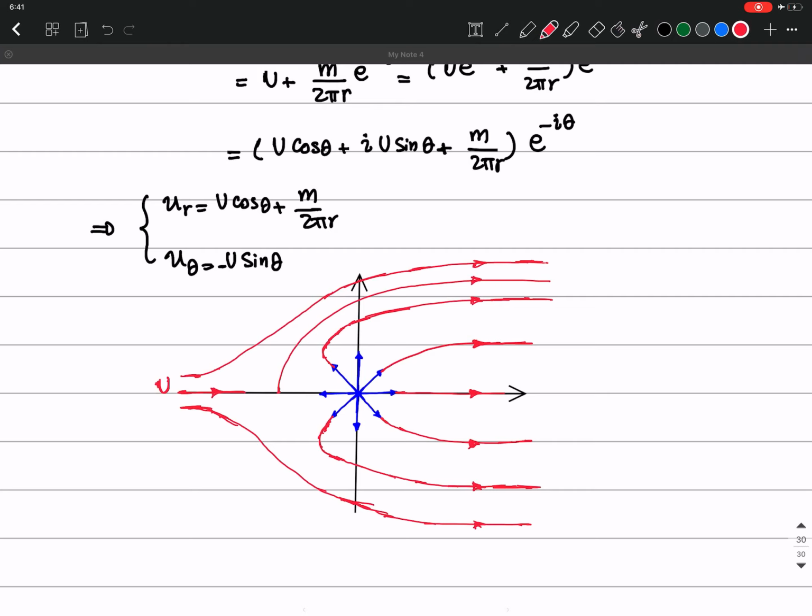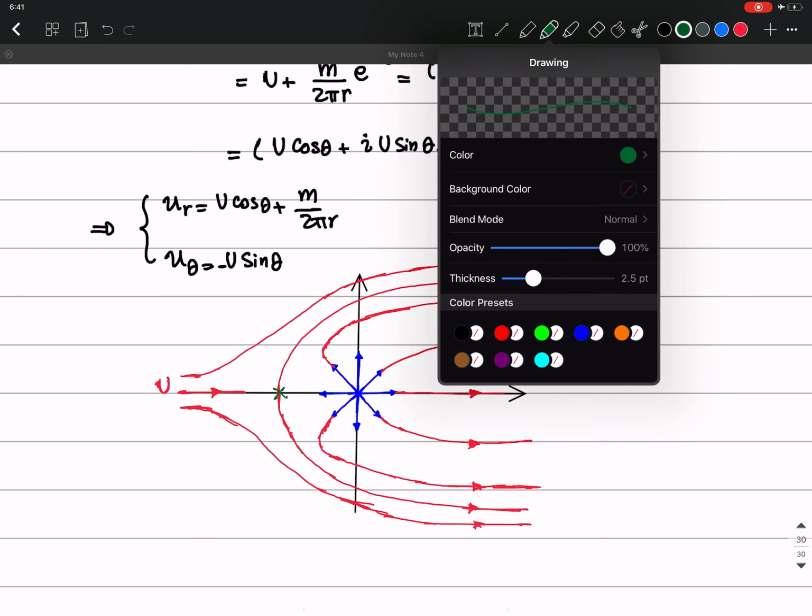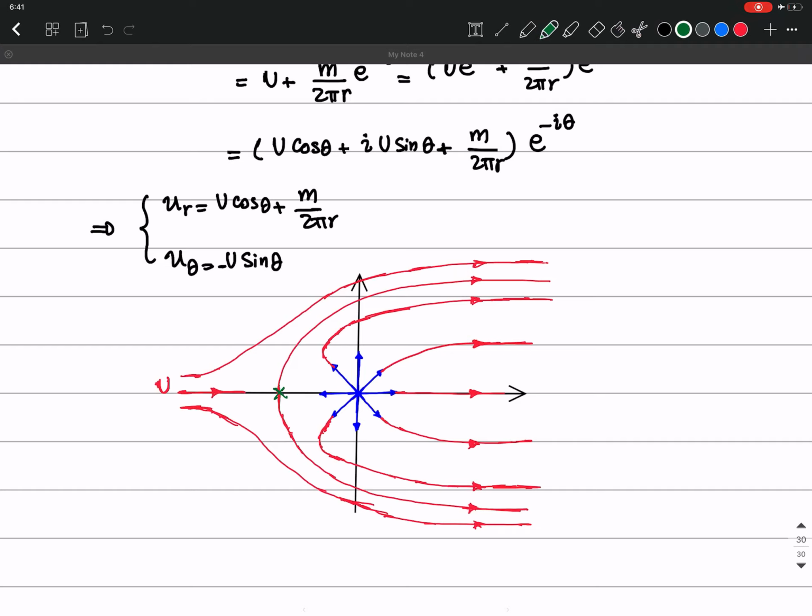So it's going to go this way. This is going to go this way. And here, the velocity is going to be 0.